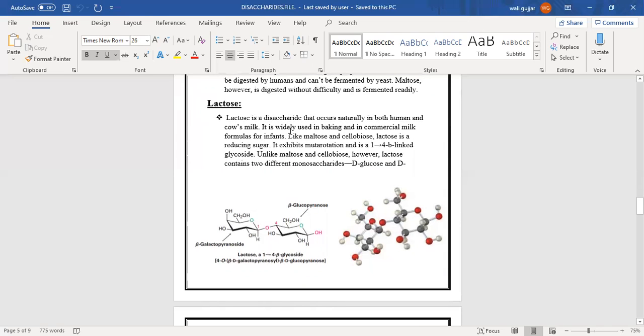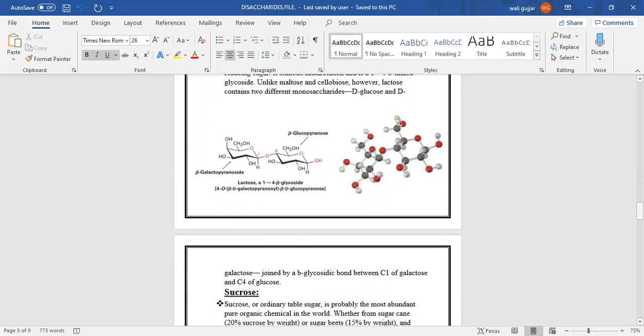So there are also similarities between lactose and maltose. Unlike maltose and cellobiose, however, lactose contains two different monosaccharides, D-glucose and D-galactose, joined by a beta-glycosidic bond between carbon 1 of galactose and carbon 4 of glucose. This is the structure of lactose, a 1,4 beta glycoside.